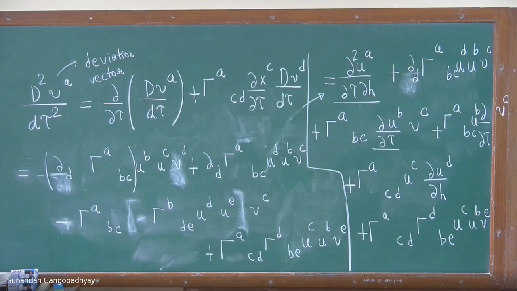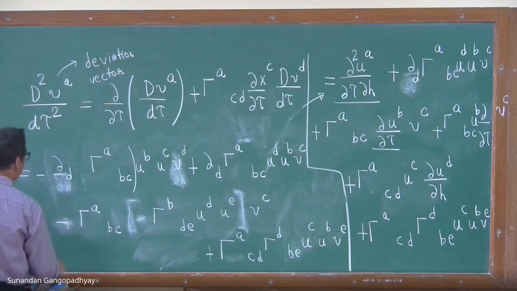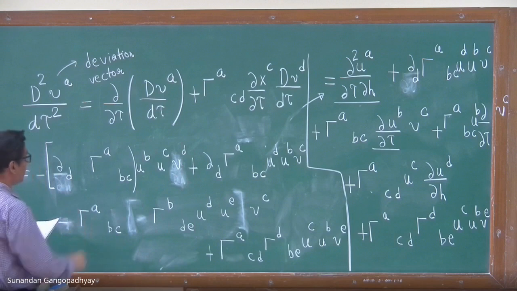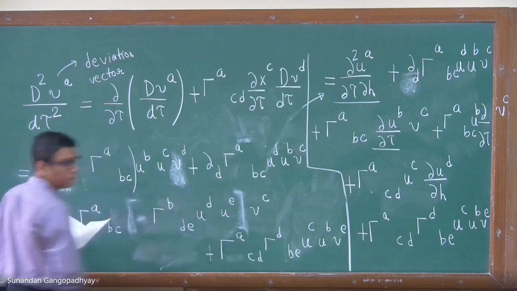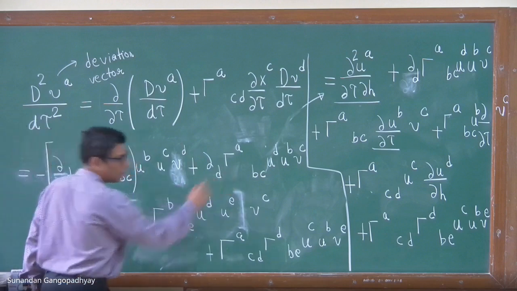Now what we can do is the following. You have UB and UB is there. So you can do some manipulation. Write this as, what I am doing in this step is that I am trying to combine this term with this term. You have 4 terms. Ultimately, after doing all these manipulations, you have 4 terms remaining, right? And now we are trying to combine this term with this term.